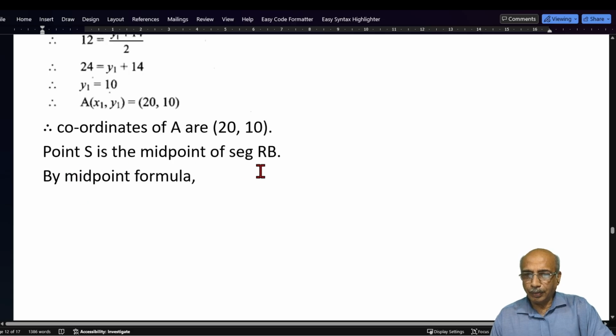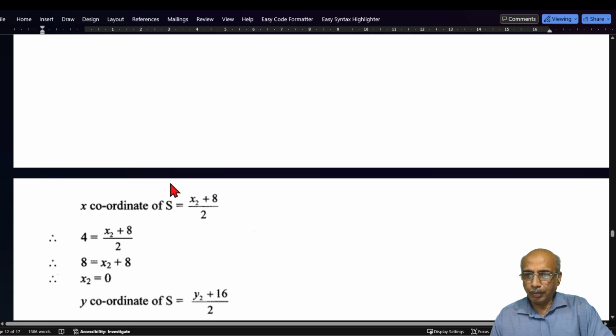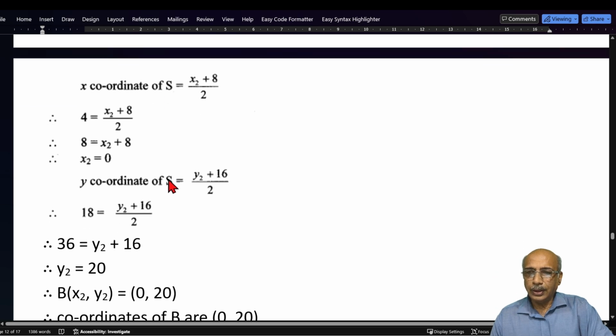Point S is the midpoint of segment RB. By midpoint formula, again x coordinate of S is x2 plus 8 upon 2 equals 4. Simplify it, x2 equals 0.